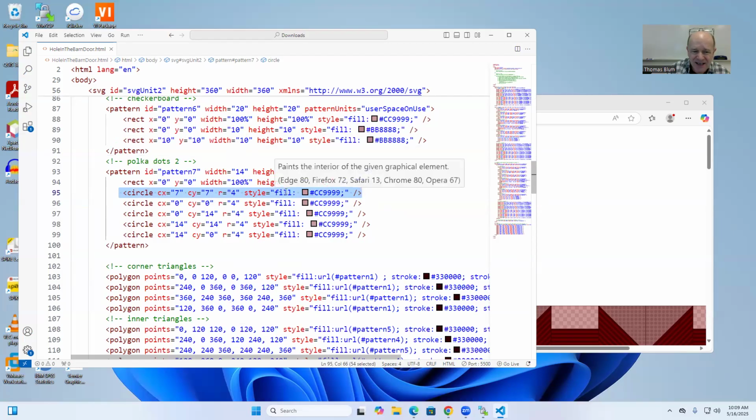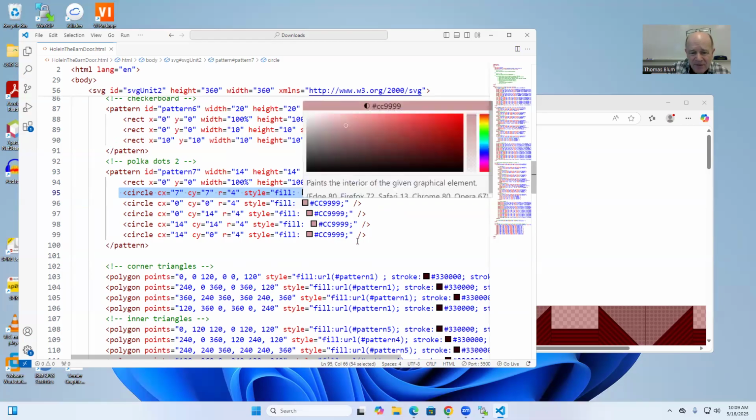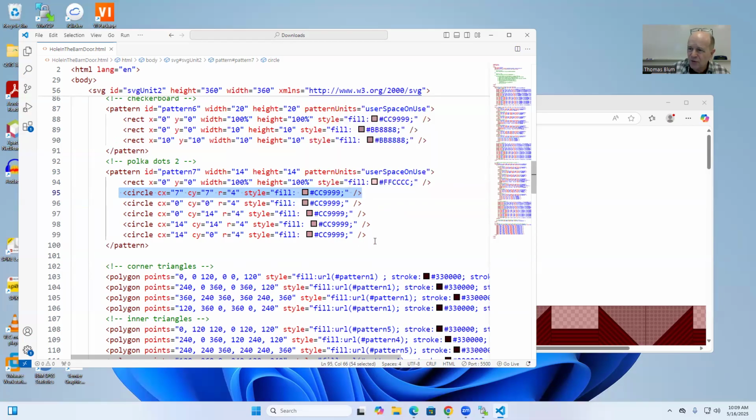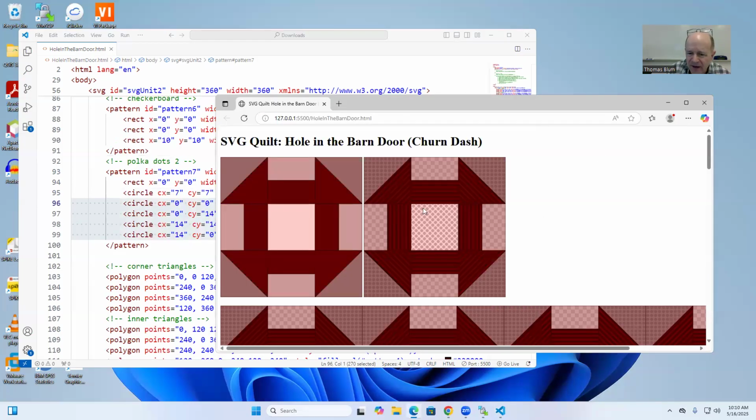And then I have four other circles at the corners. Only a quarter of each of these circles survives within the pattern because they have to be within the 14 by 14 square. There's one at 0, 0, 0, 14, 14, 14, and 14, 0. So all the corners.